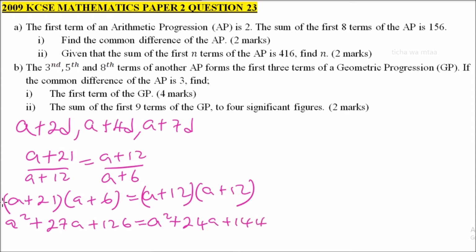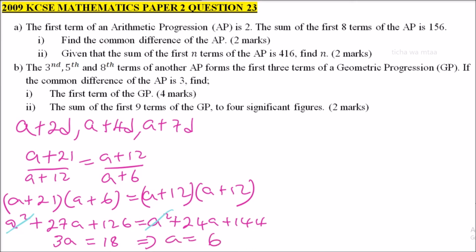So we can eliminate a squared from both sides. Then we take 24a to this side and 126 to the other side. You subtract, and you'll be able to get 3a is equal to 18, implying that a is equal to 6, dividing both sides by 3.